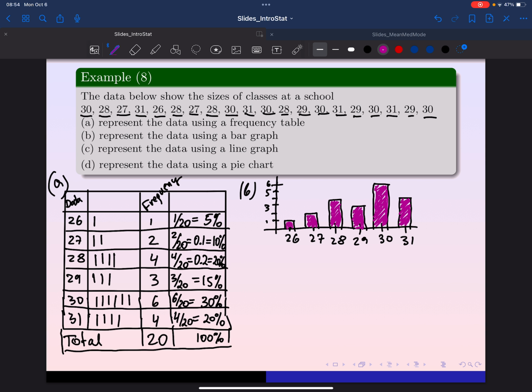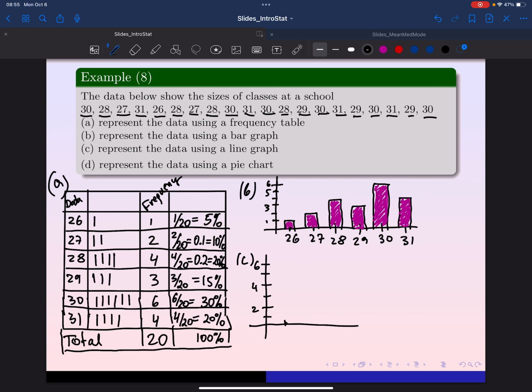Now for part C, represent the data using the line. So we're gonna draw the line graph, part C. The same, we can mark it as we have it right here. 1, 2, 3, 4, 5, 6. So 2, 4, 6.